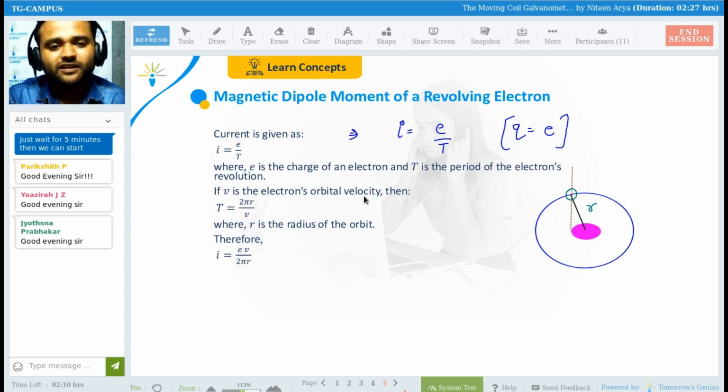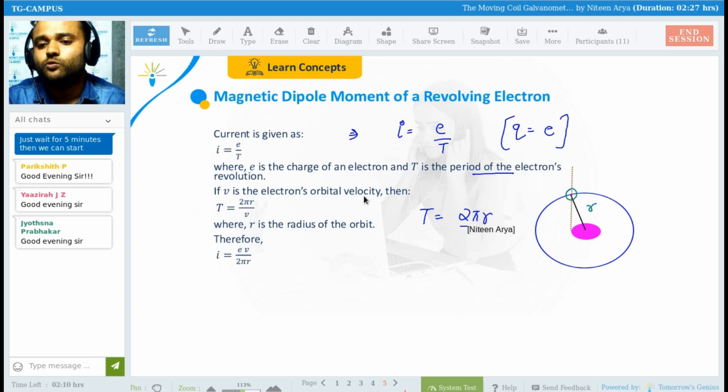Is this clear? So current is nothing but e by T, where e is the charge of an electron and T is the period of the electron, where v is the electron's orbital velocity. As we simply know, time period is nothing but distance upon speed. So the distance here is the circumference, which is 2 pi r upon v, and the charge is simply e.